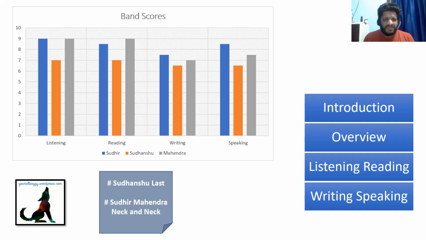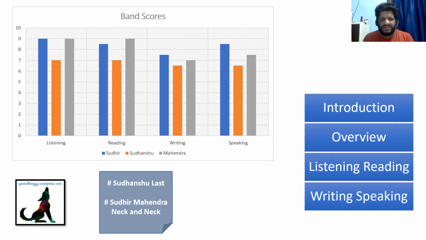And among the three, if I talk about only Sudhir and Mahendra, you cannot see any particular uniformity here. It's sometimes equal. Sometimes Sudhir is below Mahendra, and otherwise vice versa.